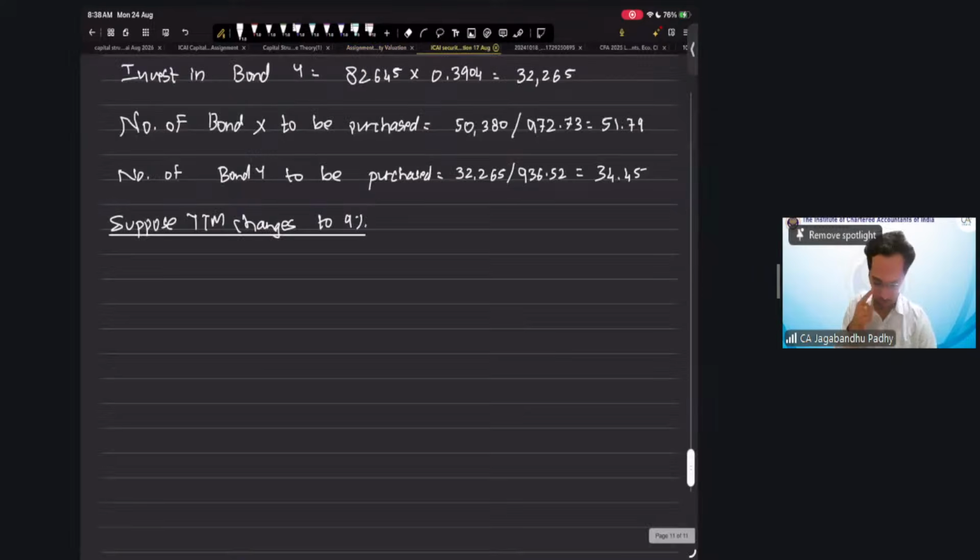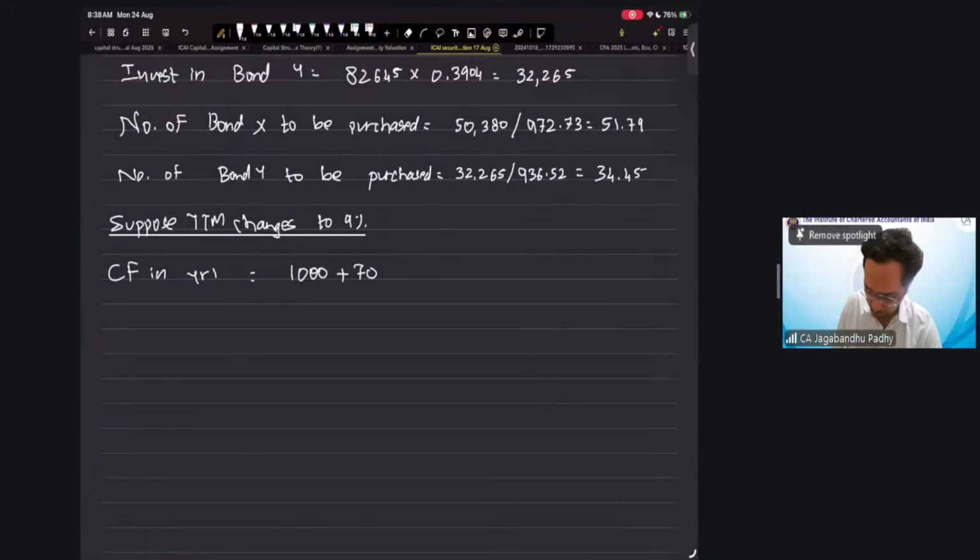So cash flow in year one is going to be 1070. At what rate am I going to reinvest it? At 9%.